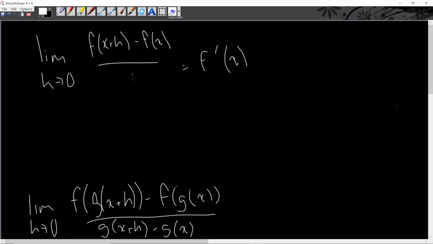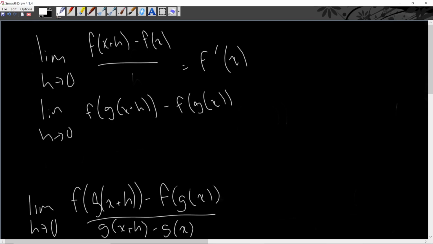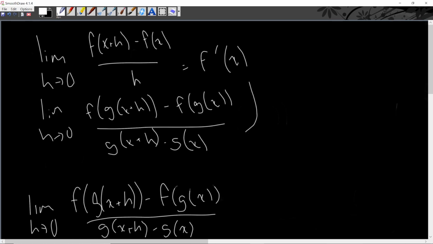We want this function, the limit as h approaches 0 of f of g of x plus h minus f of g of x all over g of x plus h minus g of x, to look more like this, right?